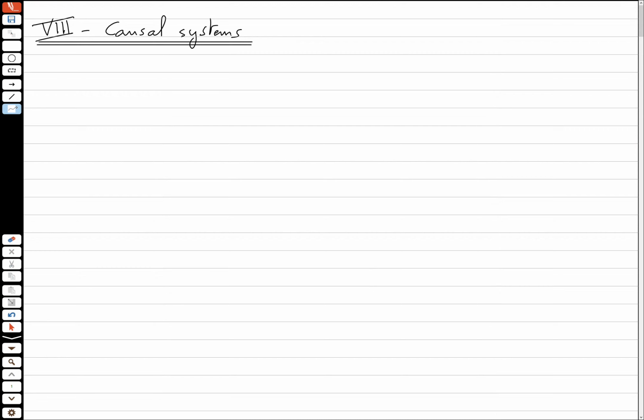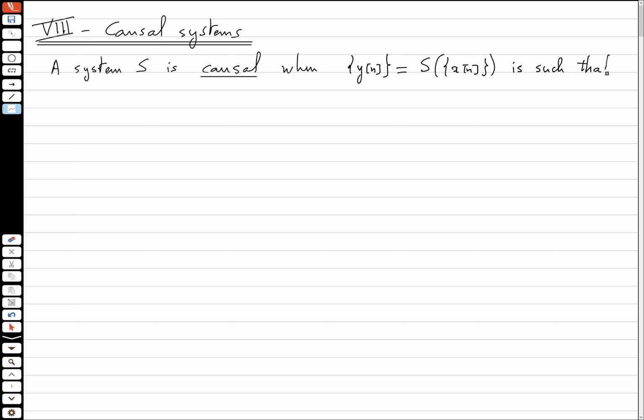So a system S is causal when the response of the system to x is such that at any instant n naught, y of n naught does not depend on the future of x of n.